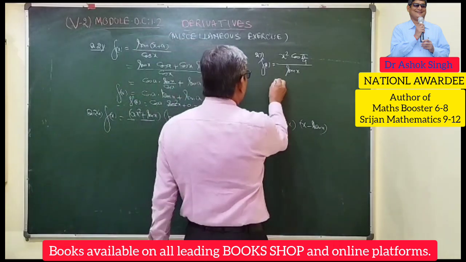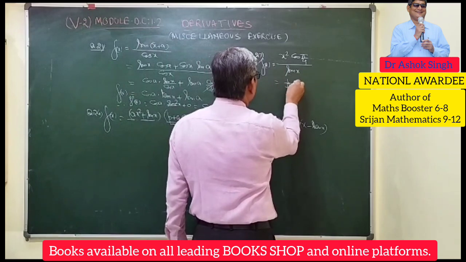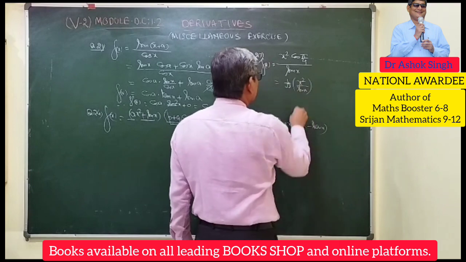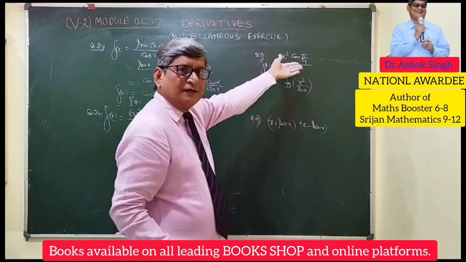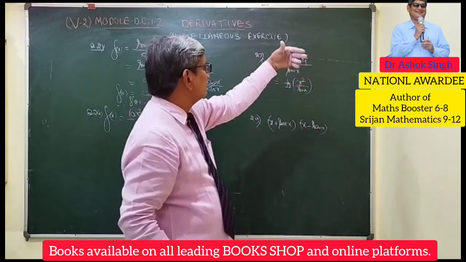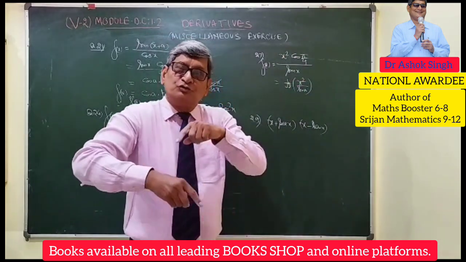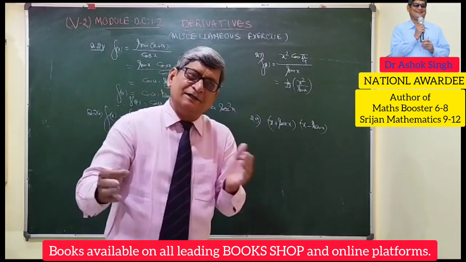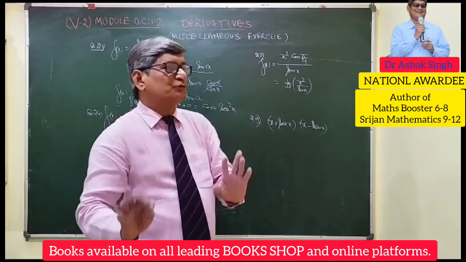So you can write 1 by root 2 into x square by sin x. Now you can use d/dx of numerator by denominator minus d/dx of denominator. Or if you want to use the product form, you can write x square cosec x. And then you can use the product rule. So that is up to you.